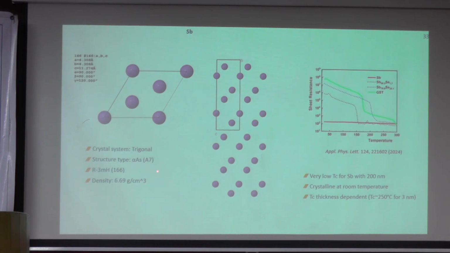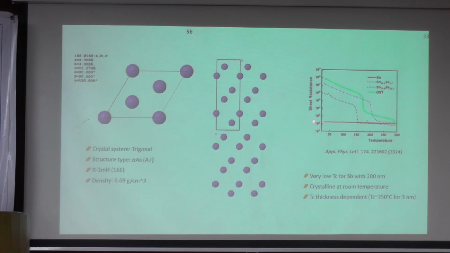Structure type A7 is antimony, as for germanium telluride. If you look along the A-axis, you can see maybe also a layered structure, and maybe some spaces in between here. Also, one problem with antimony is that it has a very low crystallization temperature.